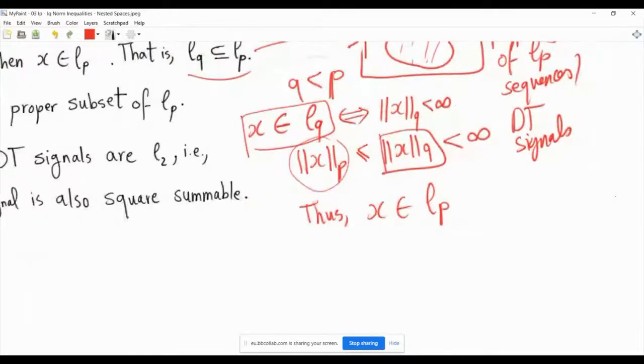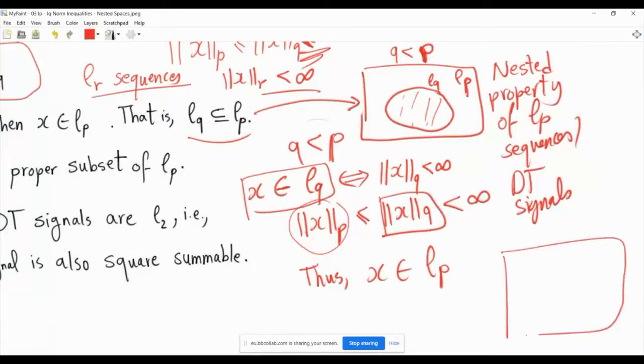If we focus on the ones we are typically interested in, I can have three boxes like this. Suppose you have the L1 sequences, whose L1 norm is finite. Those are called absolute summable sequences. If you have an L1 sequence, it is guaranteed to be L2, and L2 sequences are those we call square summable.